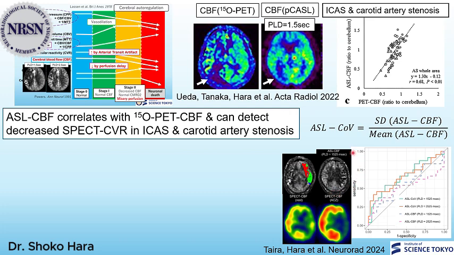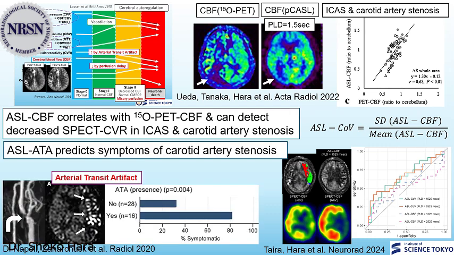These changes ultimately lead to the increase in ASL-CoV. This ASL-CoV, although not perfect, indicates whether patients had decreased CVR on SPECT in patients with ICAS and carotid artery stenosis.